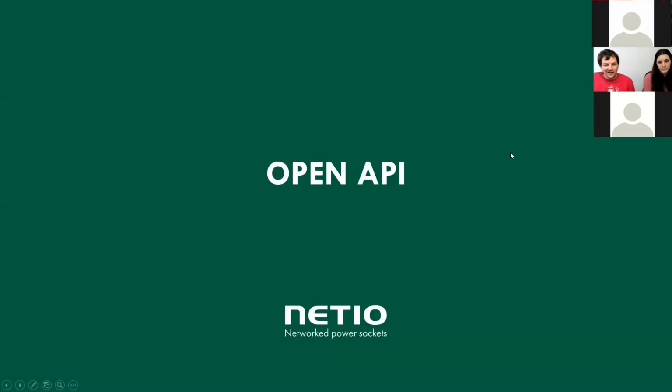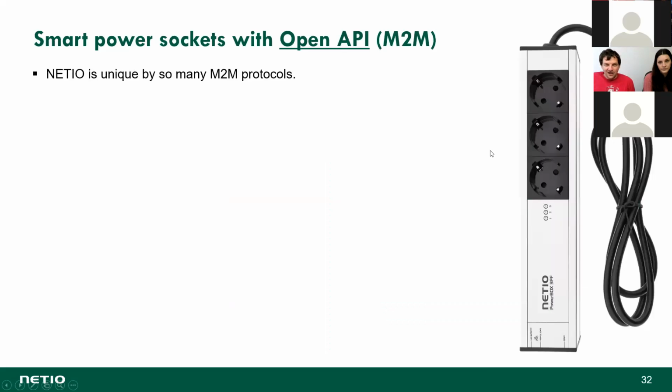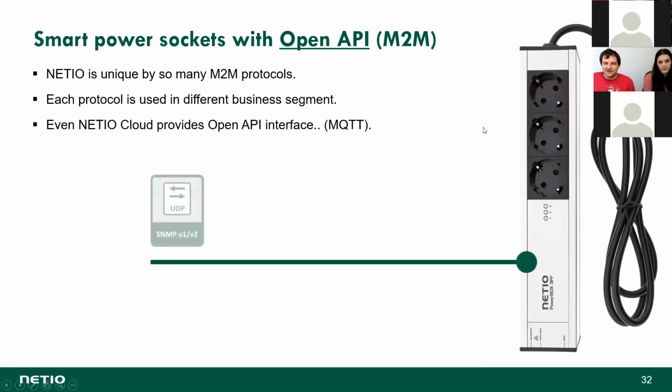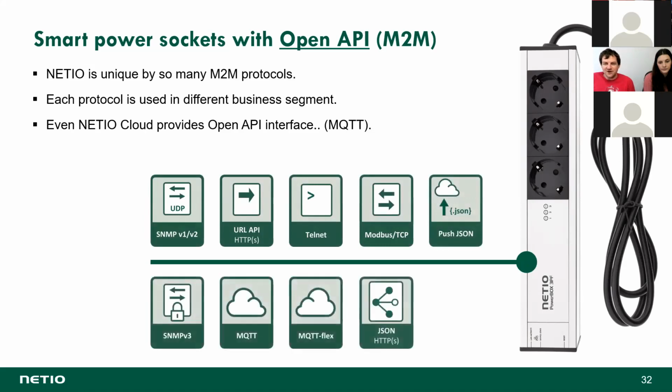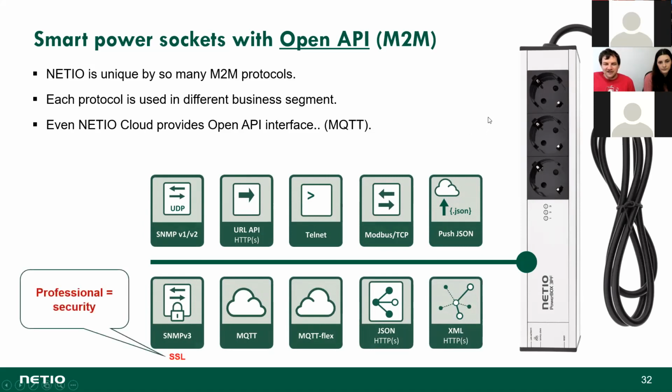Okay, the next part I would like to talk about is Open API. Why do we have so many protocols? Because each protocol is used in a different business segment, and it's good for different kinds of applications. So at least those 10 are a basic set of the protocols, and many are in a secure version. So those protocols which can be secured, we have them in a secure version.